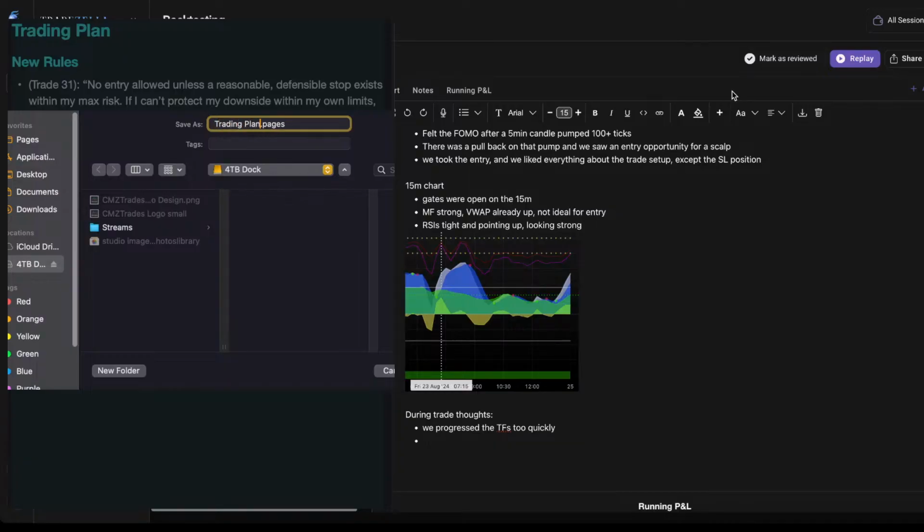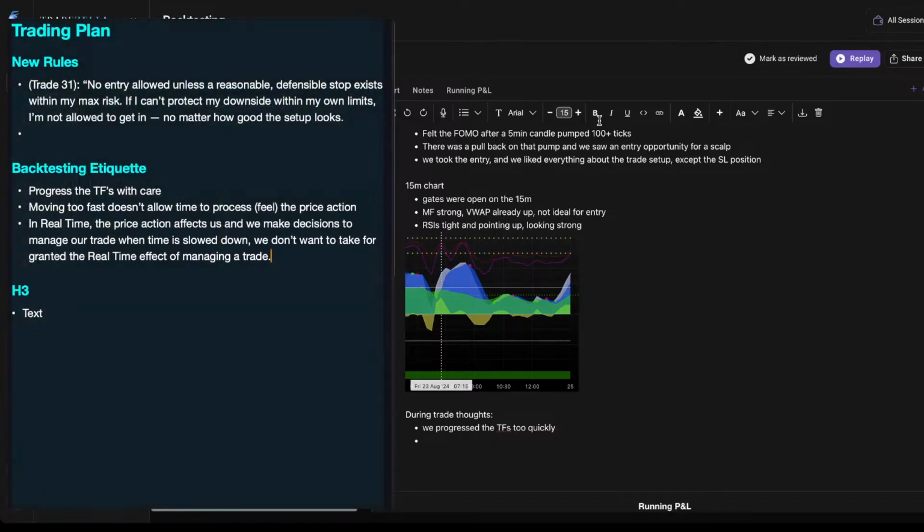Trading plan. Documents. It's trading. Yes, it is. That is a fact. And trading is green. How about that? Save.